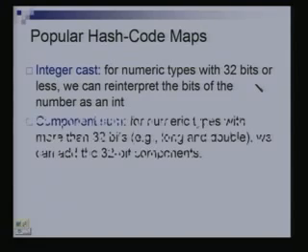If your key has more than 32 bits, let's say it's a long or a double real number which takes more than 4 bytes, then you can take it in chunks of 32 bits and add them up. So take the first 4 bytes, add to it the next 4 bytes, and so on, to get eventually some 32 bits, and that could be the integer you are working with.